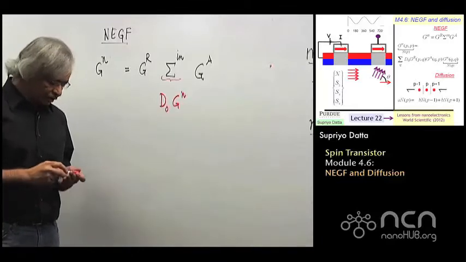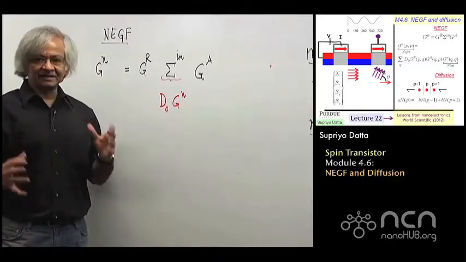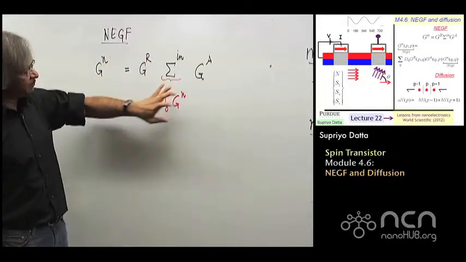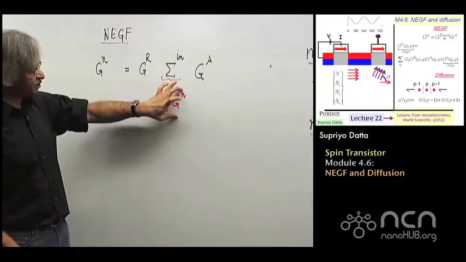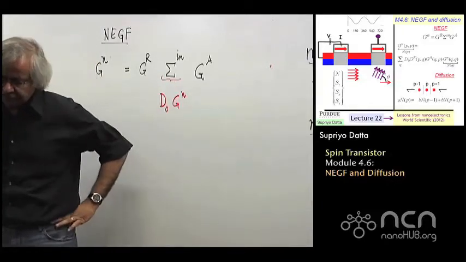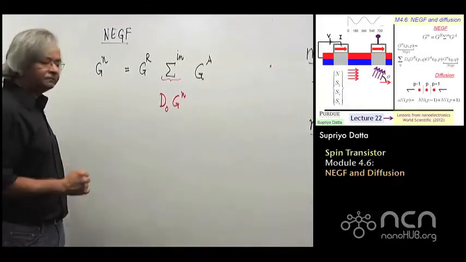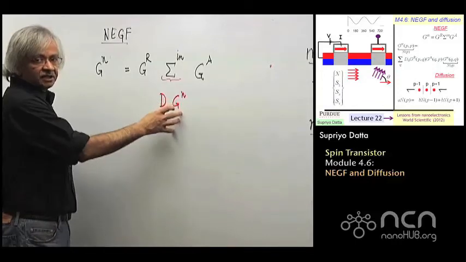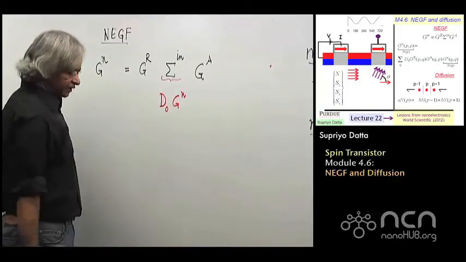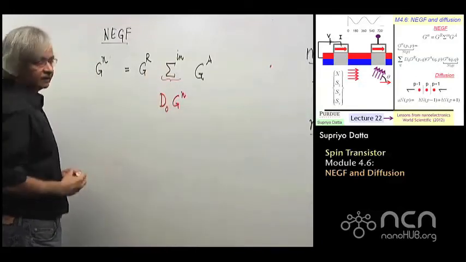There we talked about two types of dephasing. One where the d0 is a constant. So if Gn is a matrix, the sigma n also is just the same kind of full matrix, like Gn multiplied by a number. But then there was the other type of dephasing, the one that also relaxes momentum. For that one, d0 times Gn, you only keep the diagonal elements.